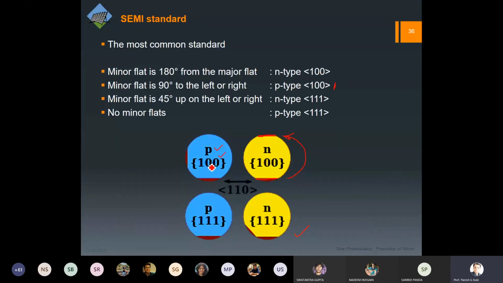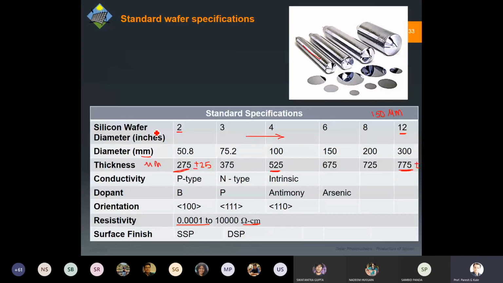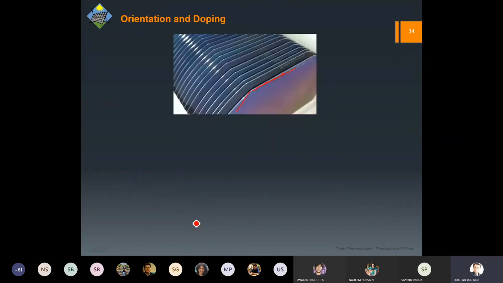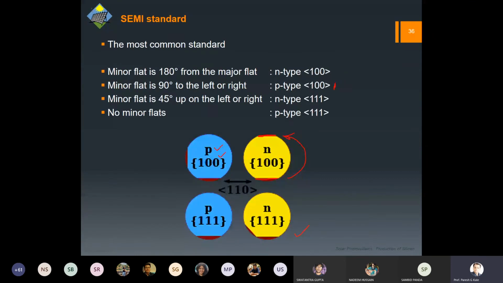Otherwise, most of the properties which I have shown you, you can measure: thickness you can roughly estimate, conductivity, that is p-type or n-type, you can find out from the dopant, orientation you get from the flat, and single side polish or double side you can see and check. So the only thing would be resistivity, which you need to find out from the lab. Because all wafers look alike, if you mix them, you can still segregate them.